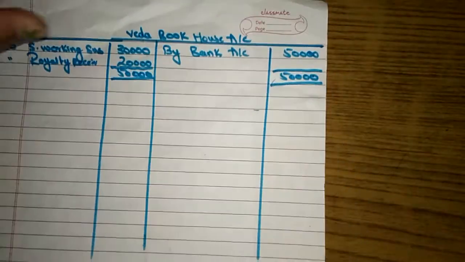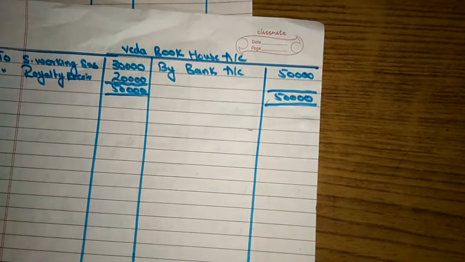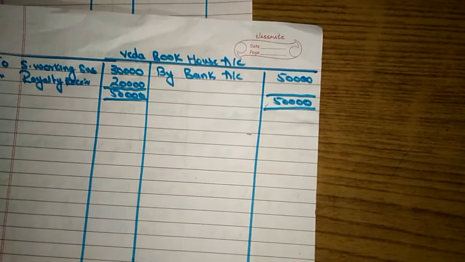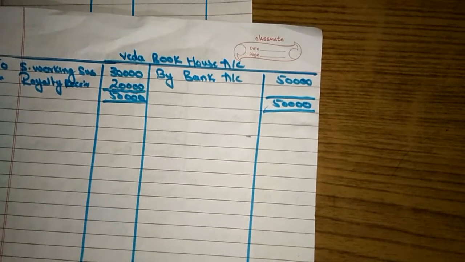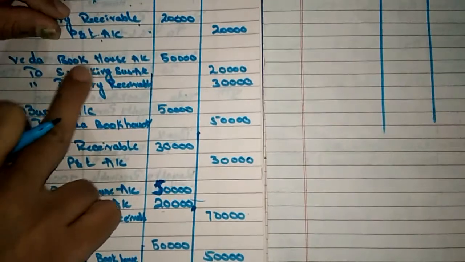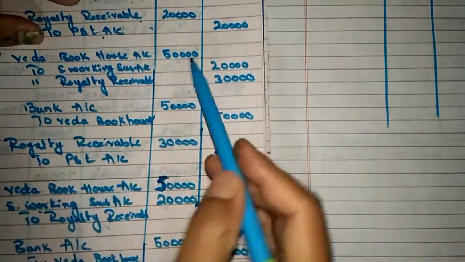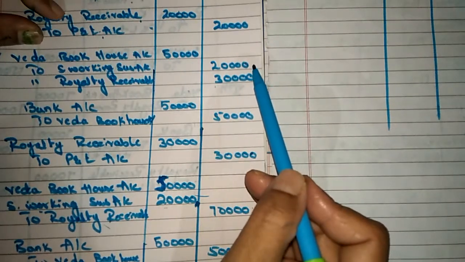Okay, let's see the next year. So the next year we have almost the same journal entries with different figures.